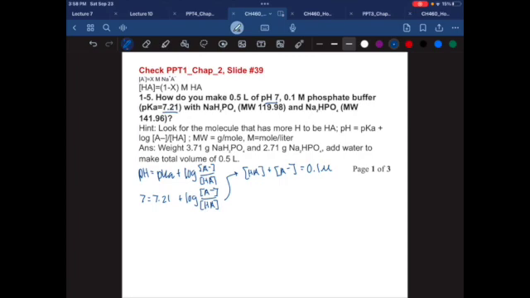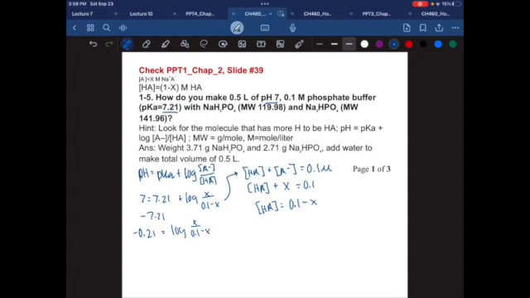So then we will substitute the conjugate base for X, fill the rest of this in, and then we will solve for HA. HA will equal 0.1 minus X. So we will put X over 0.1 minus X, and then we will do some algebra to solve for X.